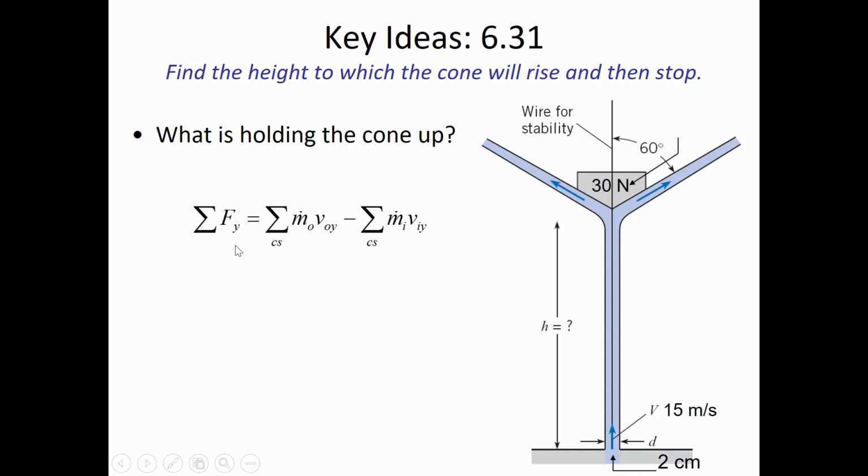And so what we know is that the sum of the forces imparted by the water to the cone is equal to 30 newtons. 30 newtons is the weight of the cone, and if it's just sitting there in equilibrium, there's a wire to hold it in stability, but we're assuming the wire isn't in tension or compression, it's just holding it in place. The force of the water impacting the cone is equal to 30 newtons.